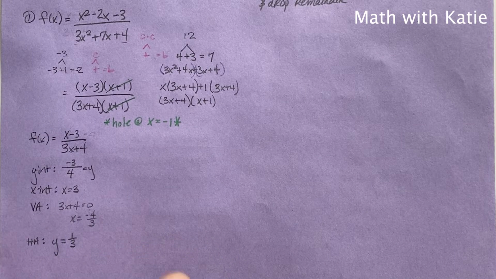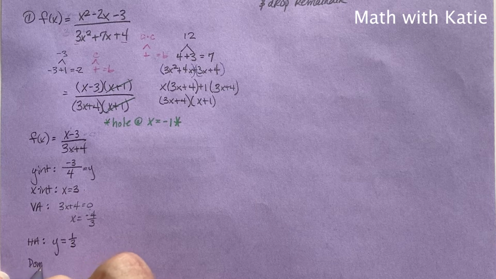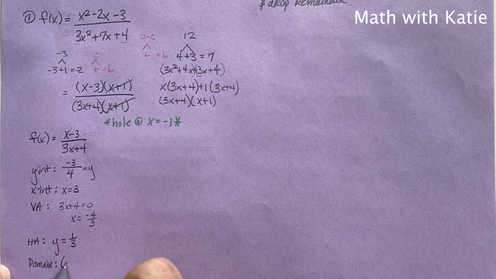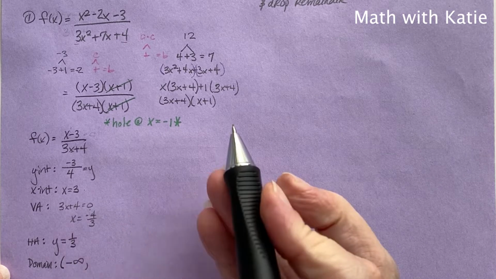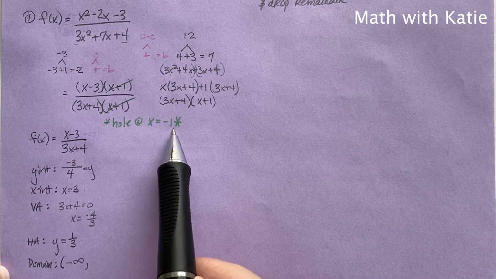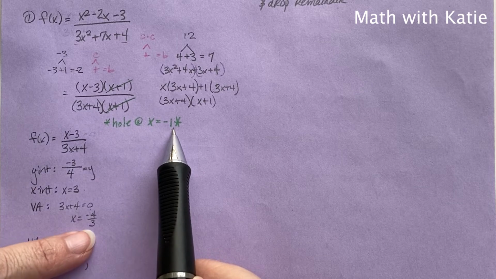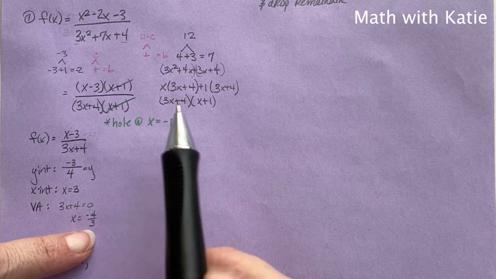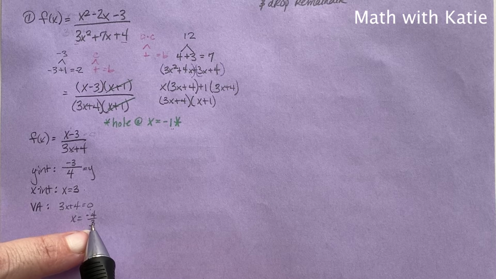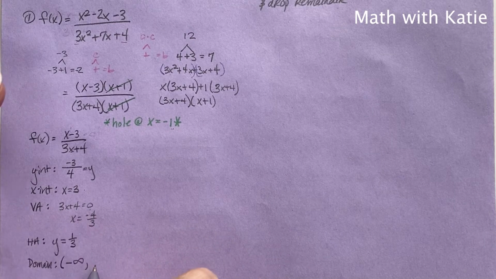Now for your domain, I'm going to use interval notation. So it's negative infinity to, remember we have a hole at -1 here, and we're looking at the vertical asymptote. Now this is technically -1 1/3, so it's going to hit that first.